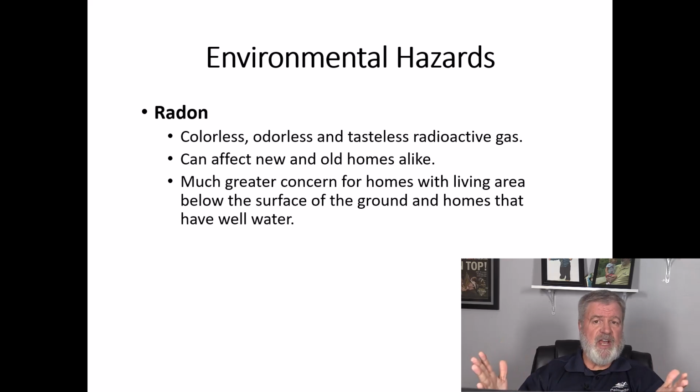Because say, for example, there's a basement. When that gas comes out of the ground and it's right underneath that basement, there's nowhere else for it to go. It can't dissipate. Now, first of all, can that radon gas go through a concrete floor, or can it go through concrete, period? Absolutely it can. Won't even slow it down too much.